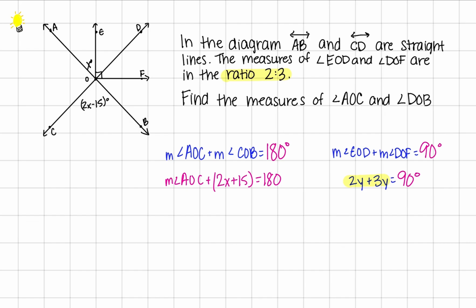Why did I put plus? All right. X minus 15. I could get rid of this 15 and put it on this side. So I get the measure of angle AOC plus 2x equals 195. All right?